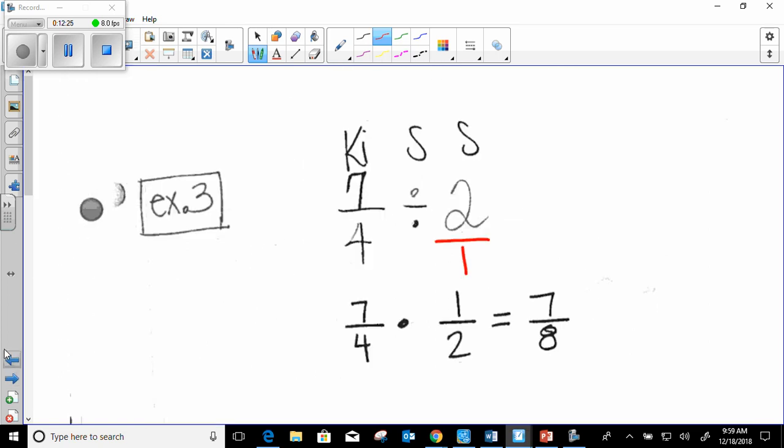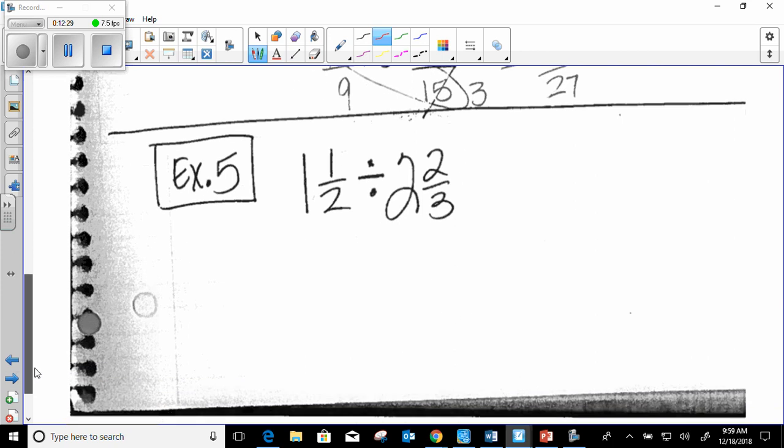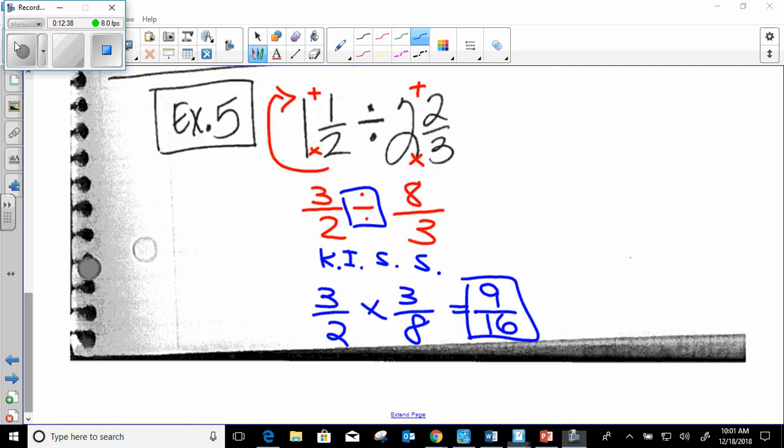All right, let's do this one together real quick. So go ahead and pause the video now. Try example 5 on your own, and then press play when you're done. So check your answer to make sure you did it correctly.